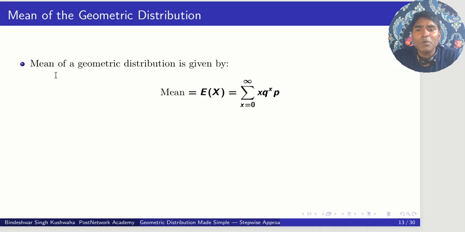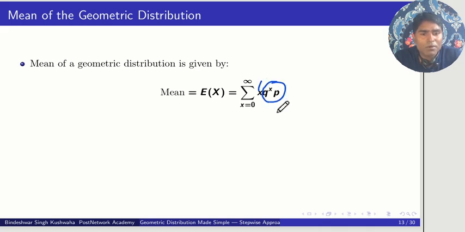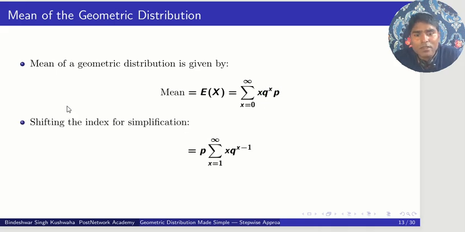Now let us calculate the mean of a geometric distribution. You know that the mean of a distribution is found by multiplying x by the probability mass function. Let us calculate it here.